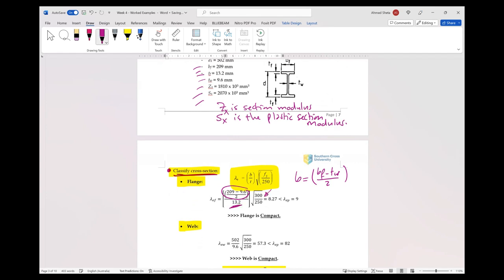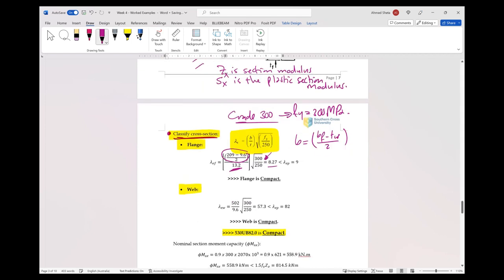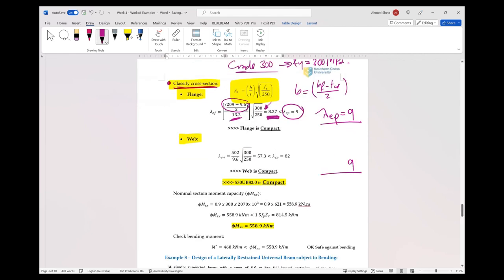And here, because it's grade 300, F yield equals 300 MPa. So now we find that lambda E for the flange is 8.27, which is less than lambda E plastic equal to 9. So the flange is compact.